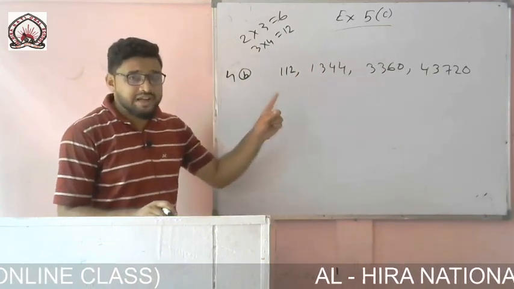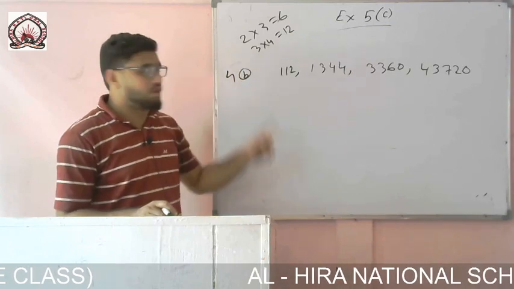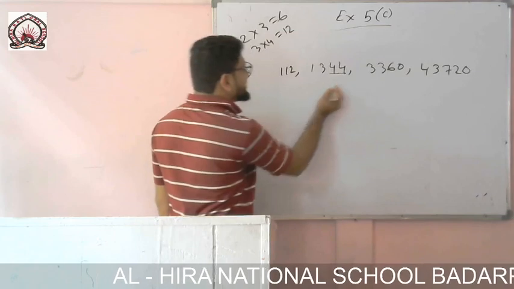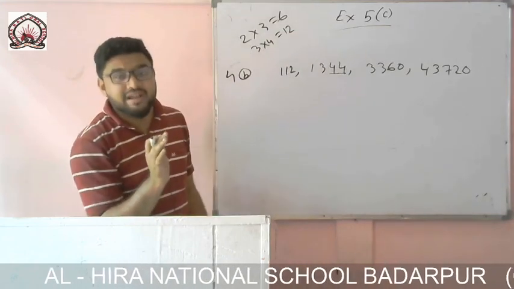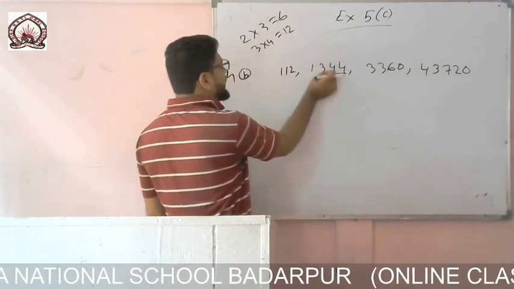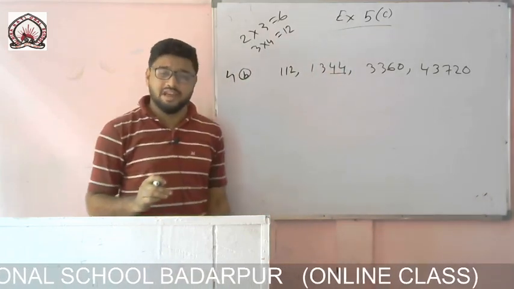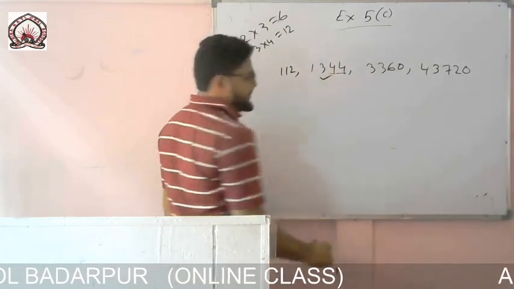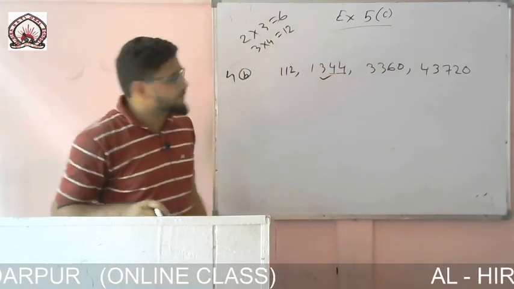Now we need to check whether this number is divisible by 4 or not. How to check the divisibility of 4? If the last two digits are divisible by 4, then the whole number is divisible by 4. So you check, 44 is divisible by 4 because 4 11s are 44. So this number is divisible by 12.